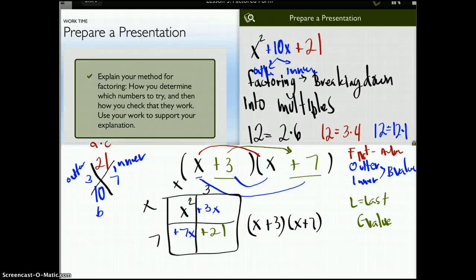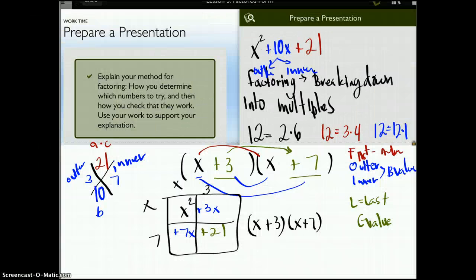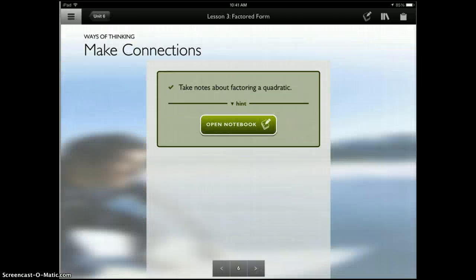The next one is make connections. Is this one make connections? This is the next one. Okay, so I'll do the challenge question later, at the end. Okay, whatever you want. I'm just trying to yell so people can hear me in your video.